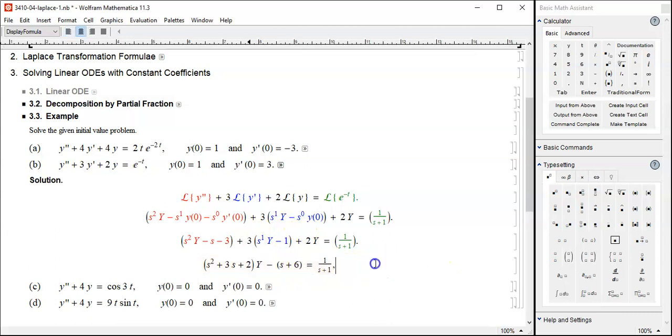All right. S squared plus 3s plus 2 times capital Y is equal to s plus 6 minus 1 over s plus 1. Did I get everything right? After flipping all those, and then divide by this coefficient part.